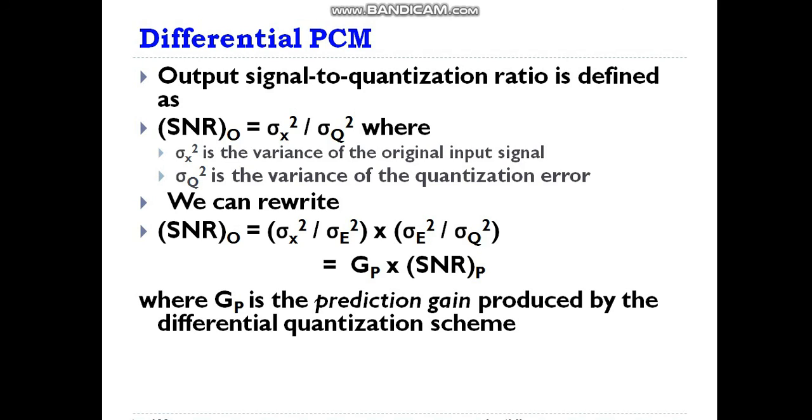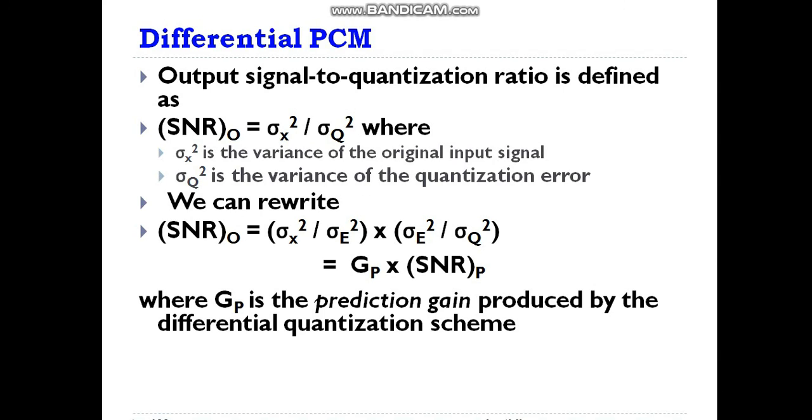In differential pulse code modulation, at the receiver side, the output signal quality is defined as SNR equals sigma x squared divided by sigma q squared, where sigma x squared is the variance of the original input signal and sigma q squared is the variance of the quantization error. Therefore SNR equals sigma x squared divided by sigma e squared, times sigma e squared divided by sigma q squared, where Gp is the prediction gain produced by the differential quantization scheme.